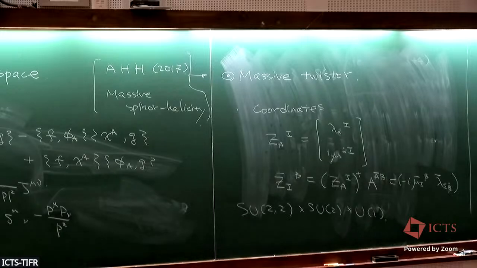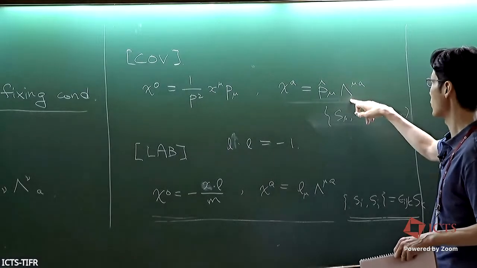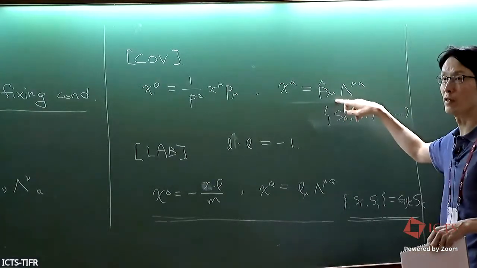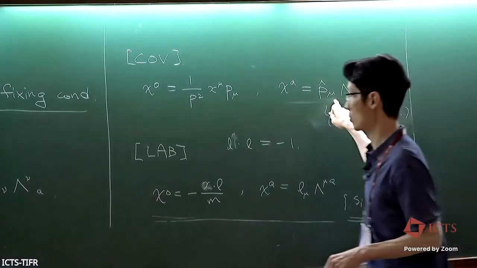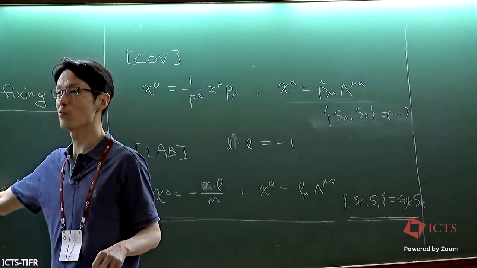Yeah, let me repeat one thing. If we require that these phi a's are all 0, and also these chi a's are all 0, and we take this p as given, pointing in some future time-like direction, this requirement enforces that this lambda with fake Lorentz index in the spatial direction should be all orthogonal to this p, which forces this lambda 0 exactly in the same direction as this p.